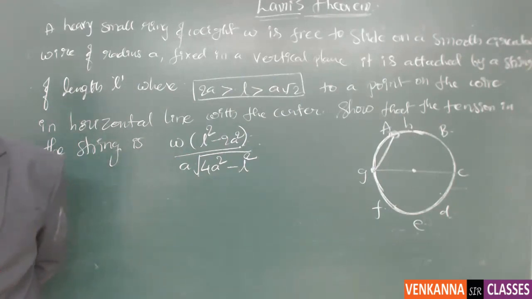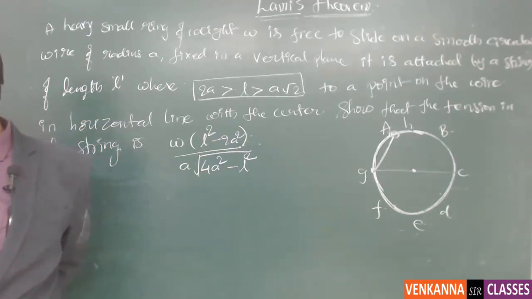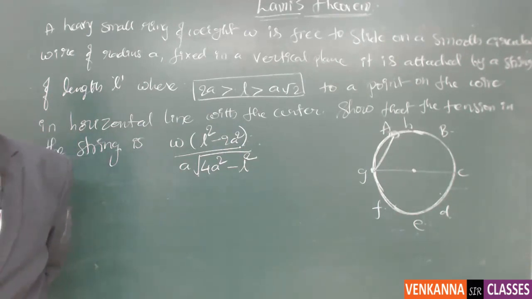Is that correct, whatever I have drawn? So I should draw at B. Why? B is correct, but why? Because that is the only possible location.